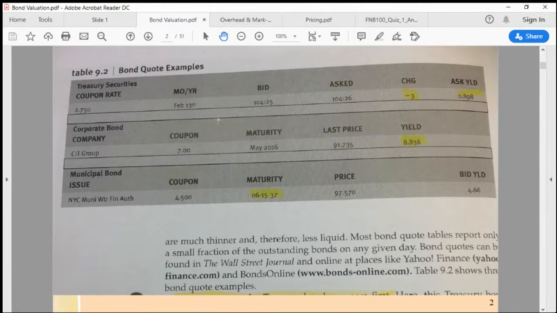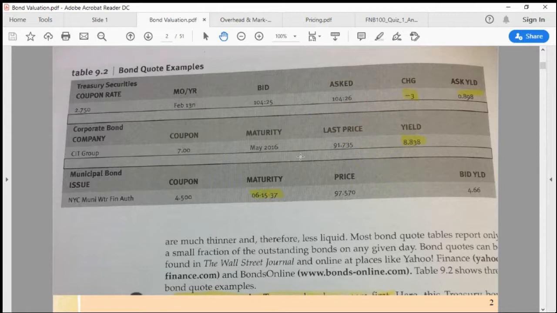First of all, how many years are left on this bond? If you remember, I said this example was taken in around June of 2010. There's about 3 years left on this Treasury, and for this corporate bond, there's about 10 years left. I mean, the longer maturity, right?